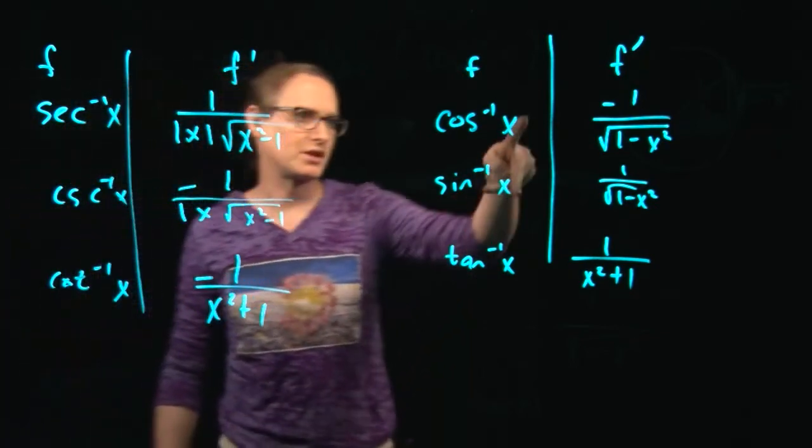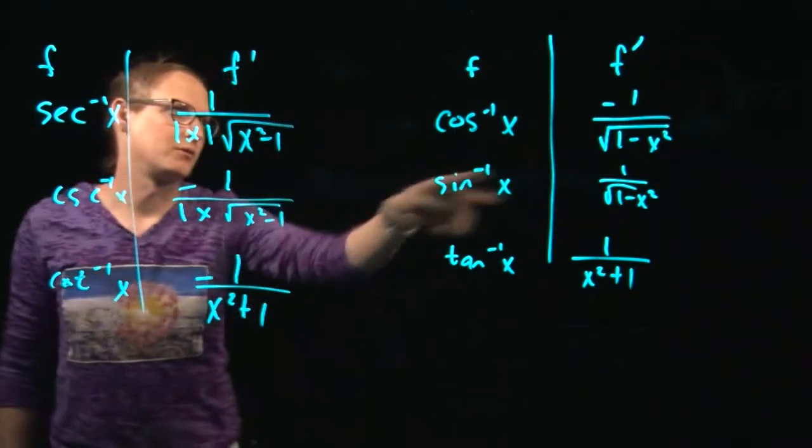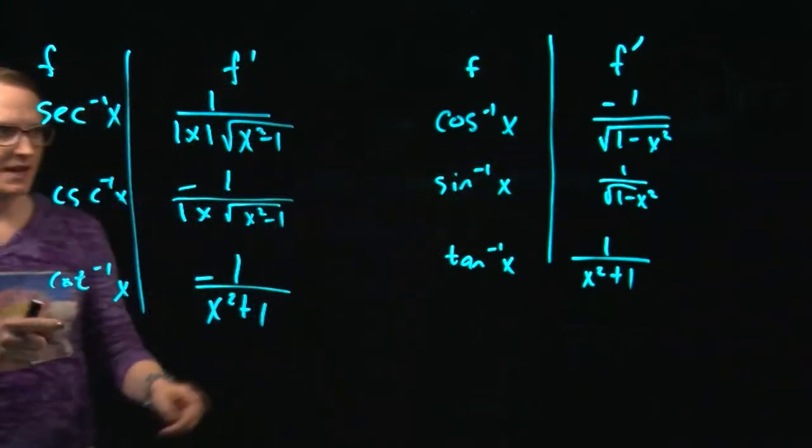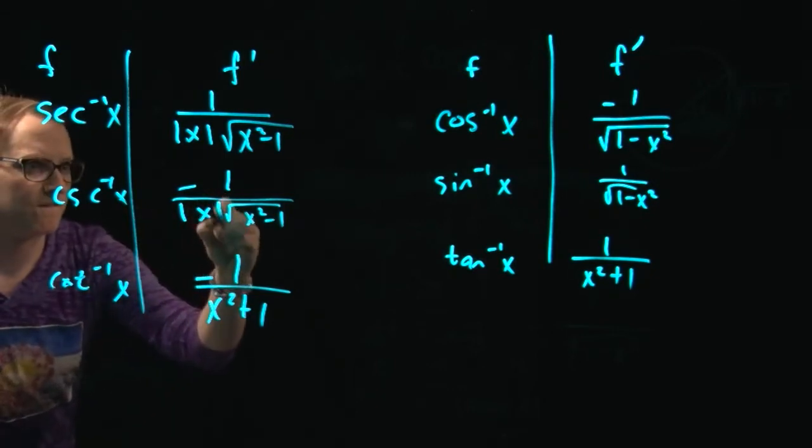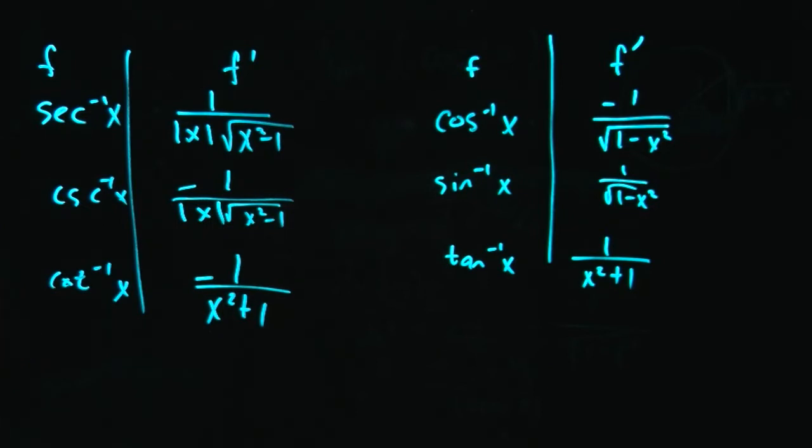In my opinion, there's the cosine sine pair, which differ by a minus sign. You have the tangent cotangent pair, which differ by a minus sign. And you have the secant cosecant pair, which differ by a minus sign. So if you can remember those 3 things, then you can remember all 6 of them. Pretty straightforward as far as that goes.